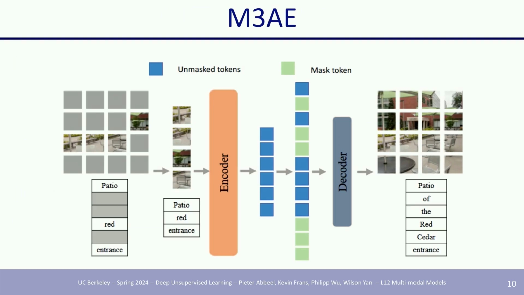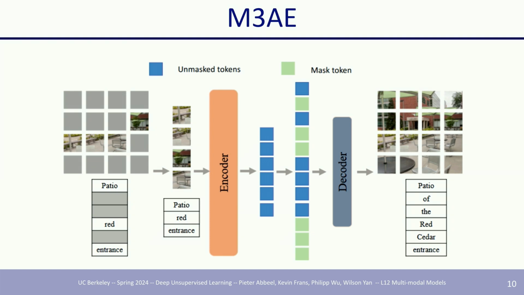Okay, so this was another paper called M3AE, and the general way this works is fairly straightforward. If you're familiar with how MAE works, MAE is essentially this top half. You have your image, and then you mask it out. You feed the unmasked patches through your encoder, and then you try to decode the rest, the original image.